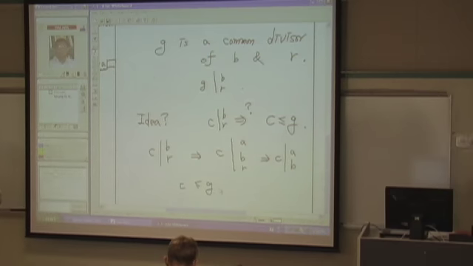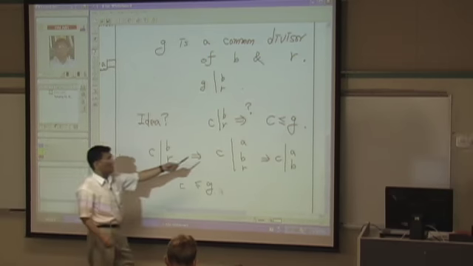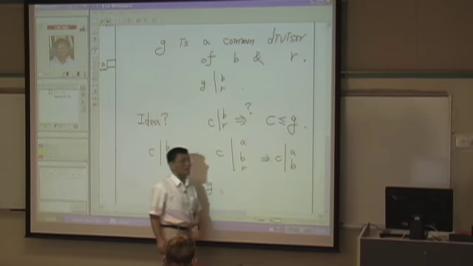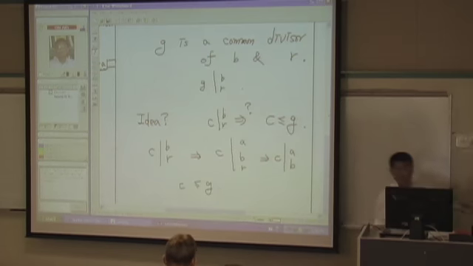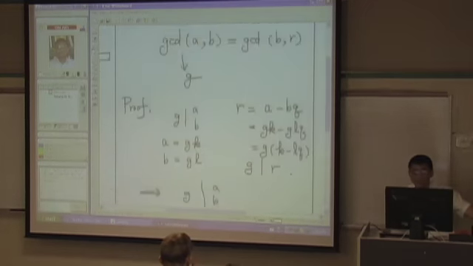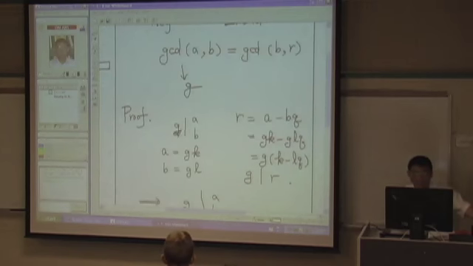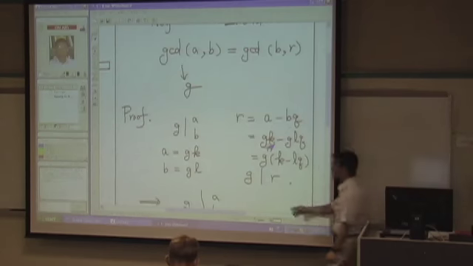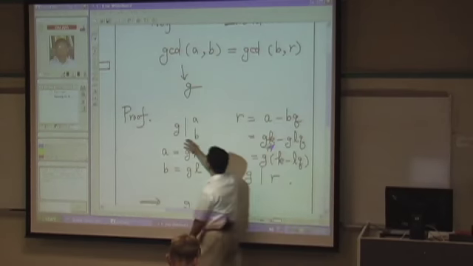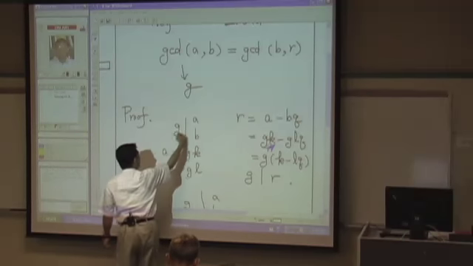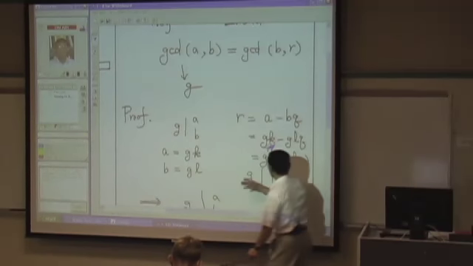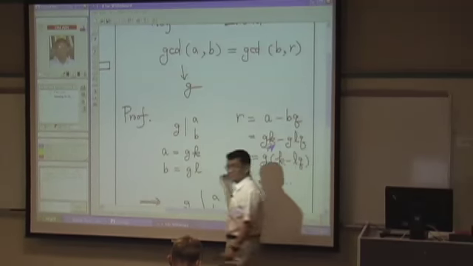So the only detail that is missing is showing this. And this follows almost the same path as this thing. So please fill this gap by following this idea. Then you can practice. So I will give you 1 minute to fill this gap. From G dividing B and R, you lead to G dividing A. Then you are done.